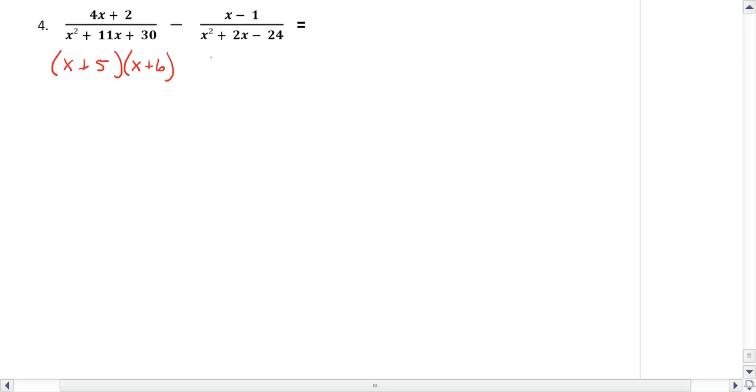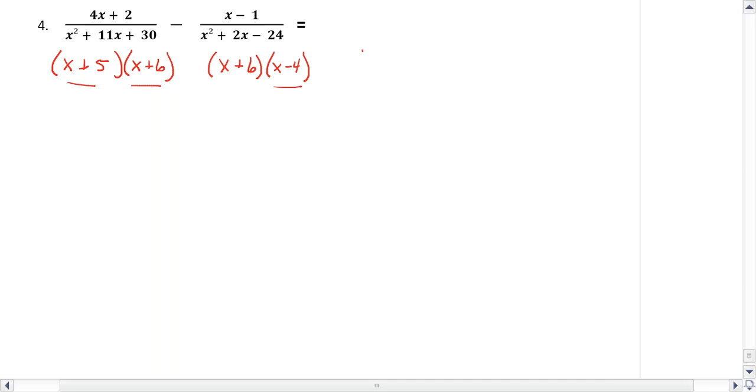And here the factors that multiply to a negative 24 and add to a positive 2 would be a plus 6 and a minus 4. So now the denominators are factored. We choose our least common denominator by using all the factors. So I need to use the x plus 5, the x plus 6, and the x minus 4.